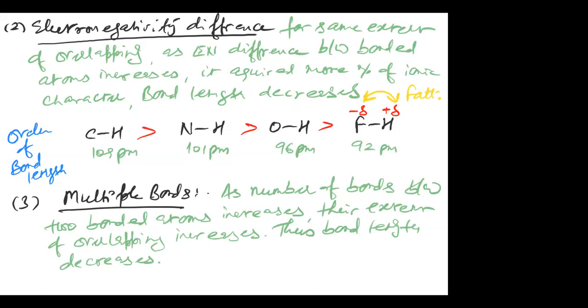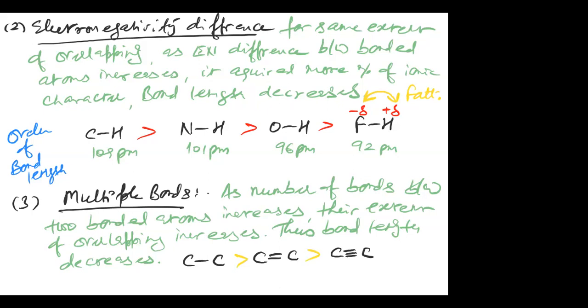For example, if we have carbon-carbon single bond, carbon-carbon double bond, and carbon-carbon triple bond, the carbon-carbon single bond is found to be longer than carbon-carbon double bond, which is longer than carbon-carbon triple bond.